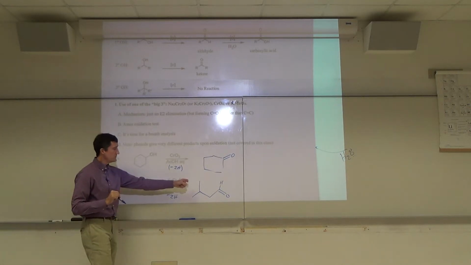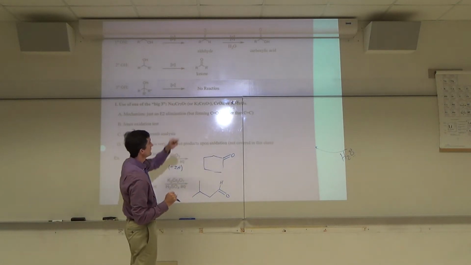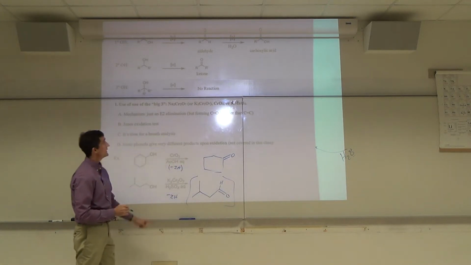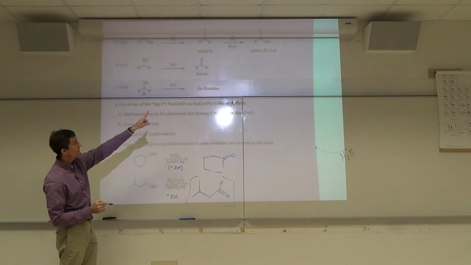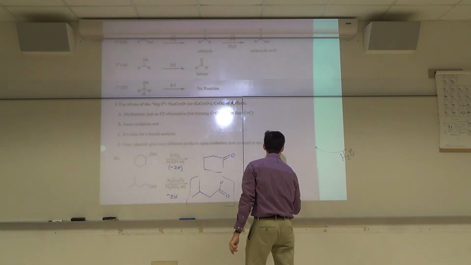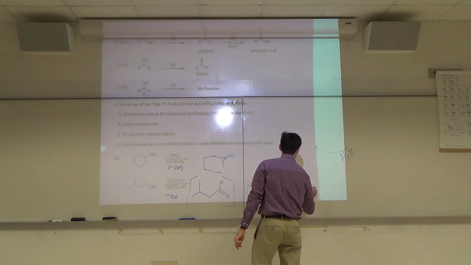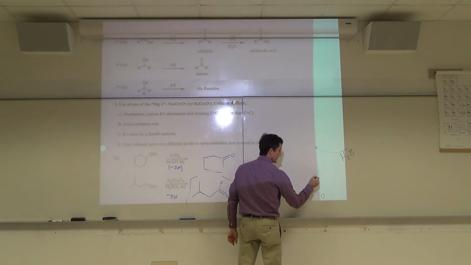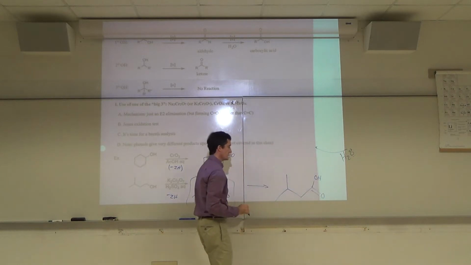But what happens to aldehydes? What do we say up there? The aldehyde is not isolated, but instead it gets further oxidized to what? Basically, there's it, and this just becomes OH. You have a carboxylic acid.